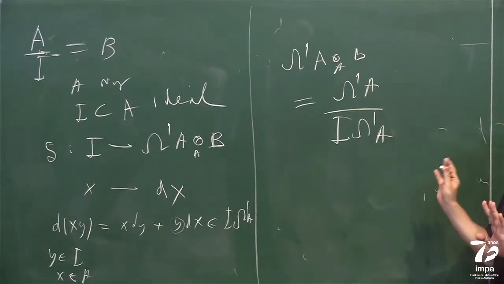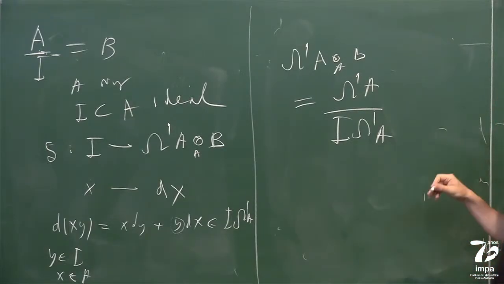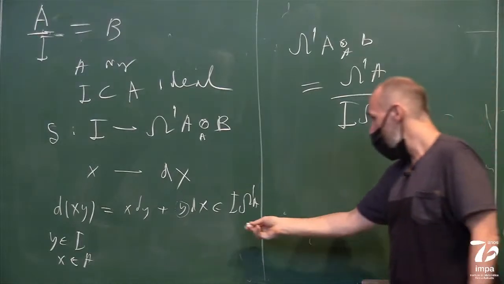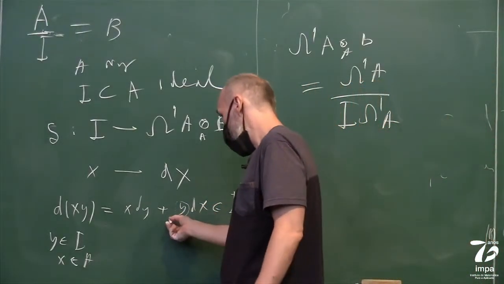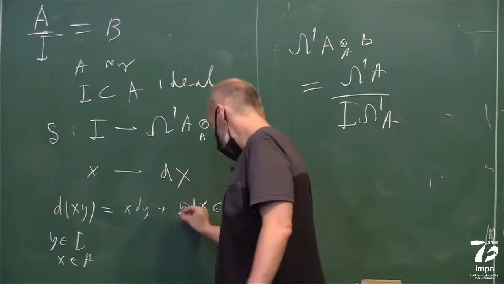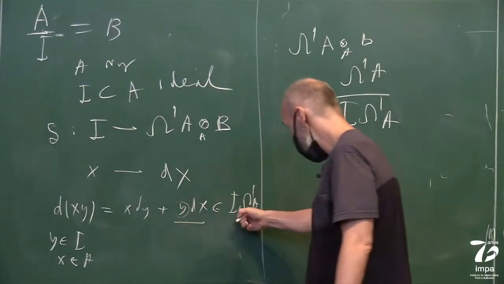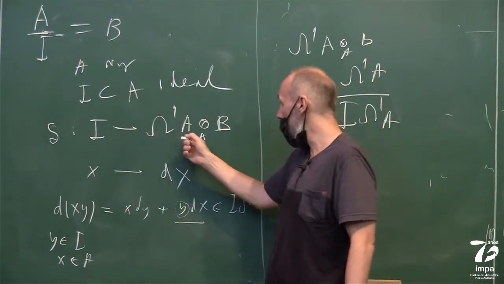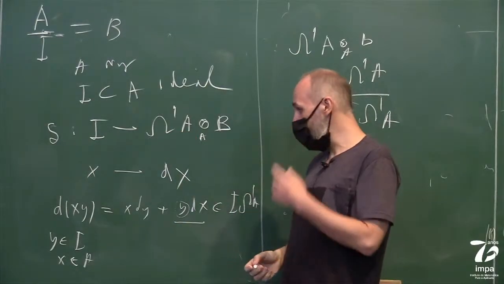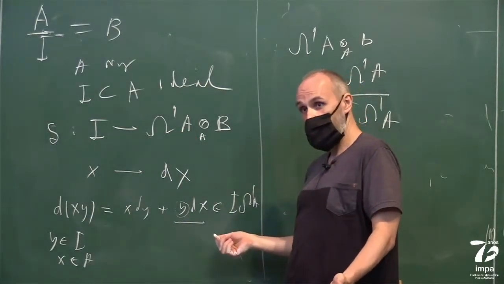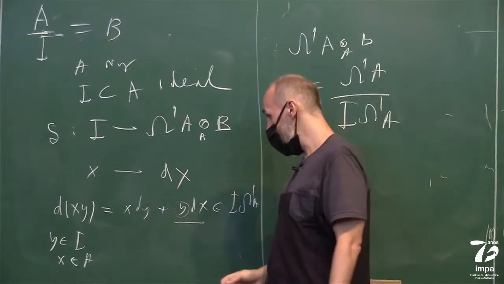This is what we started with when we considered tensor product. But then this product belongs to that ideal, so after mapping to the tensor product, it goes to 0. This is why delta is linear.